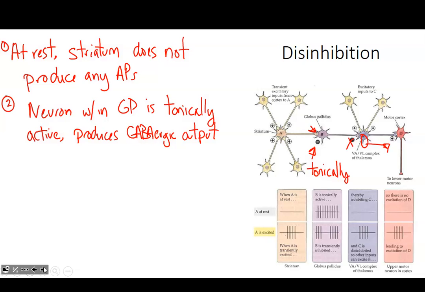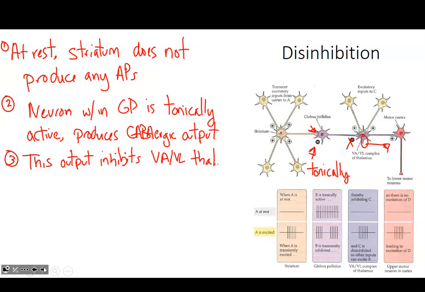The GABAergic output inhibits, in this case, cells of the thalamus, the ventral anterior and ventral lateral thalamus.